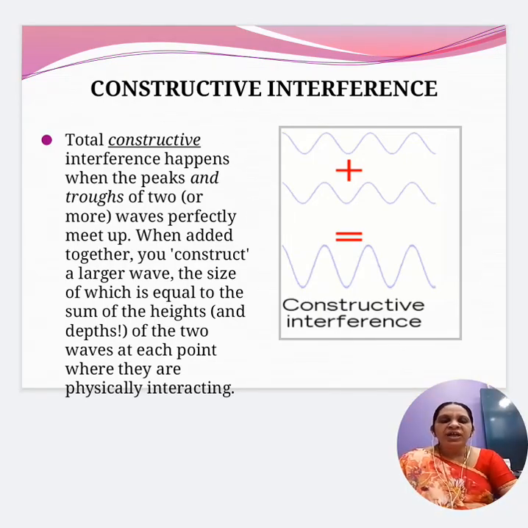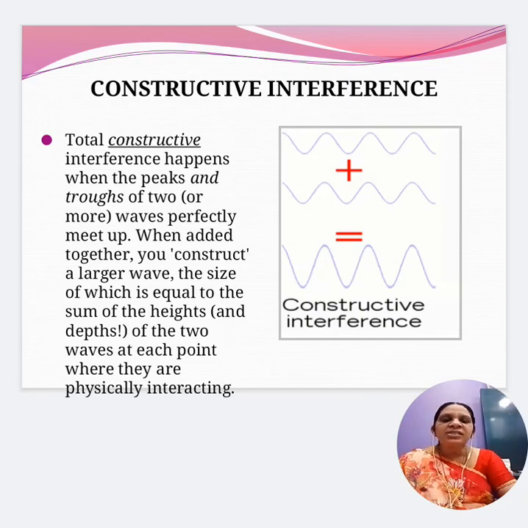So, coming to constructive interference. In the figure shown aside, you can see there are two waves superimposed. They are added up together and undergo constructive interference here. The amplitude of the wave will increase.